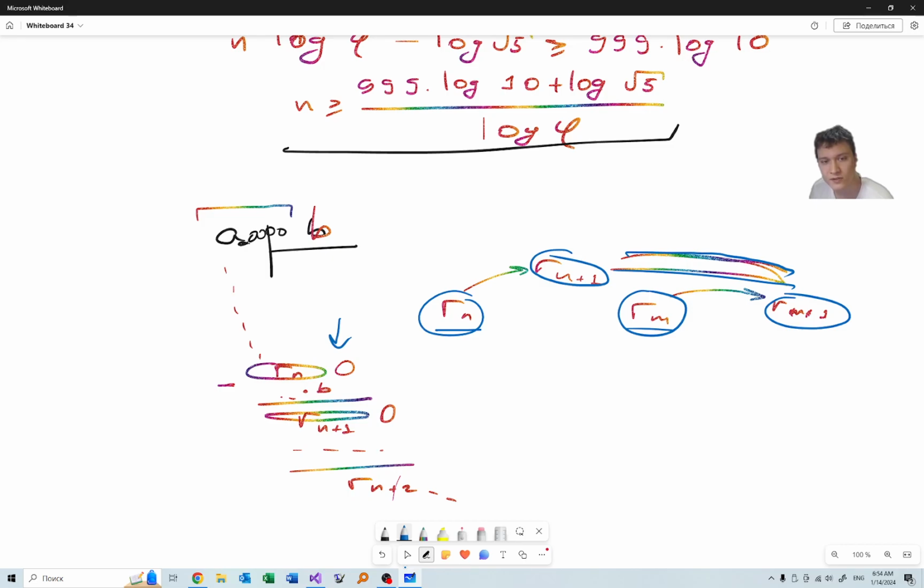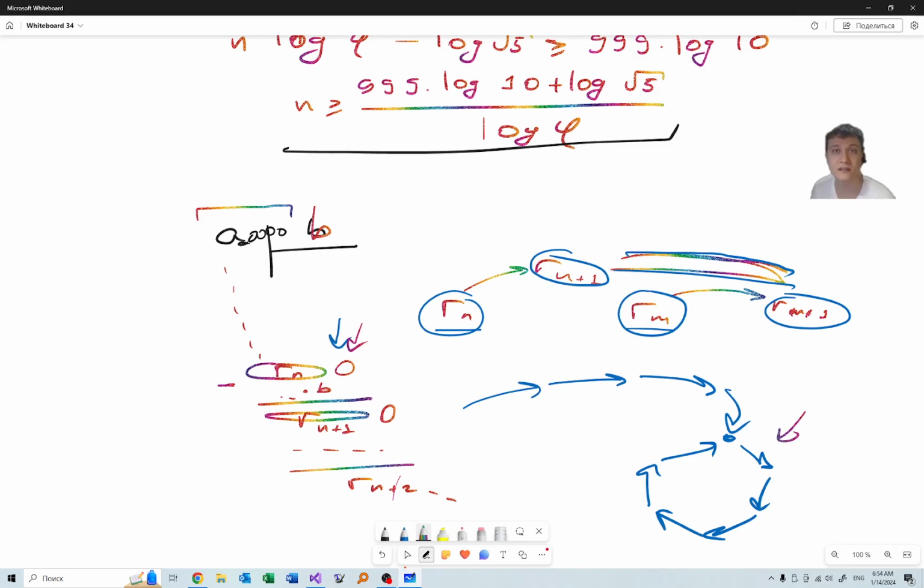So it always looks like the following. You have some pre-period, and then you have some period. So it is a periodic sequence, and you know that the moment you have at least one such 0, it is definitely in the cycle.